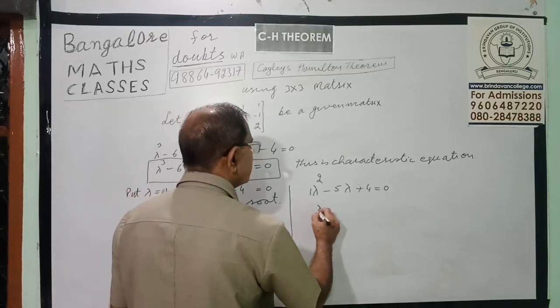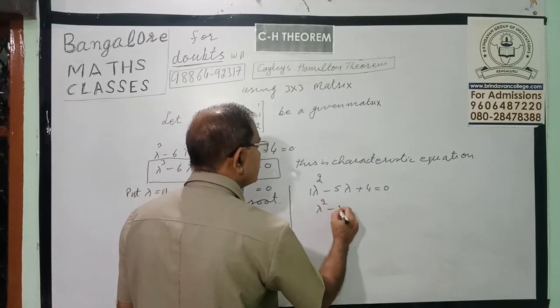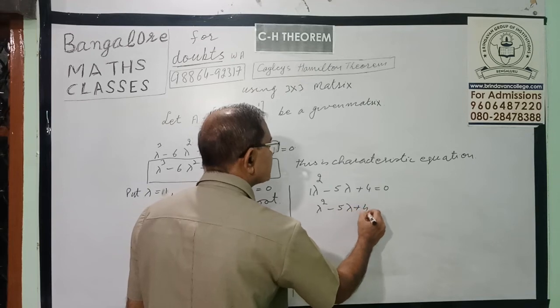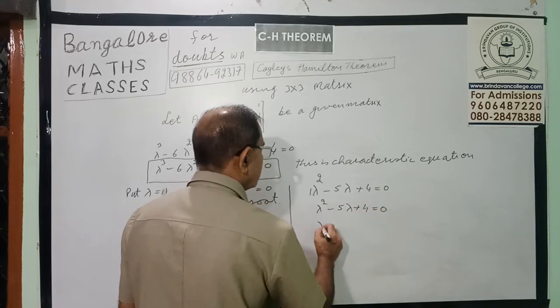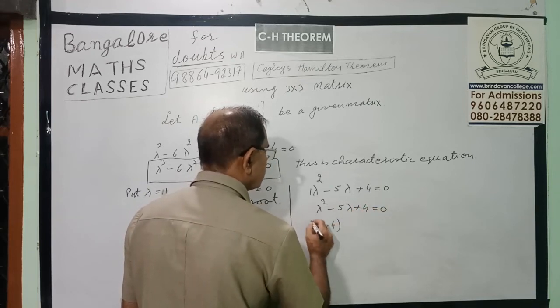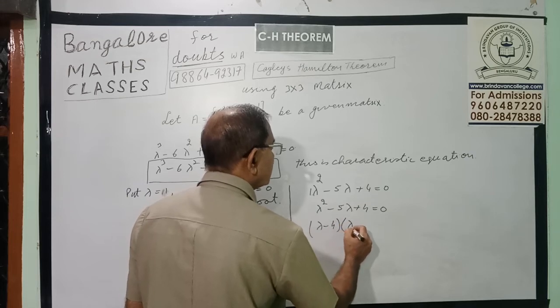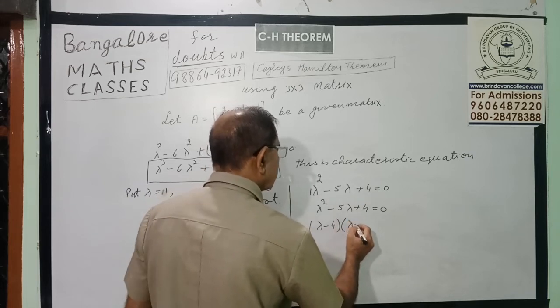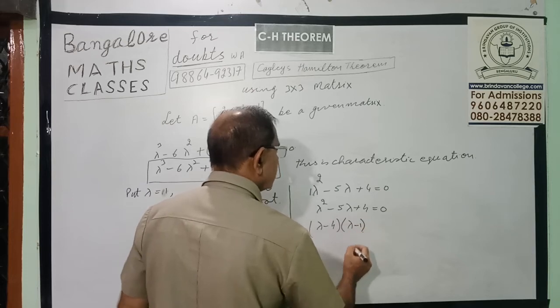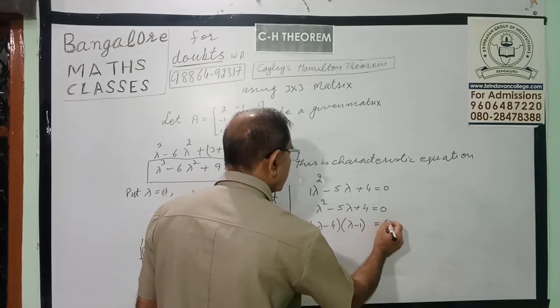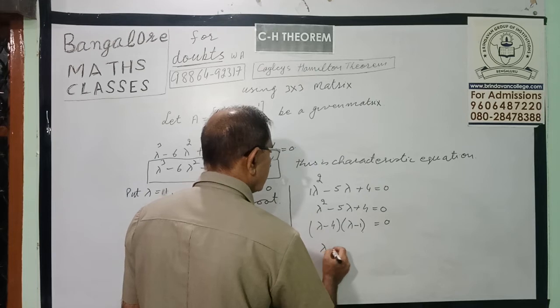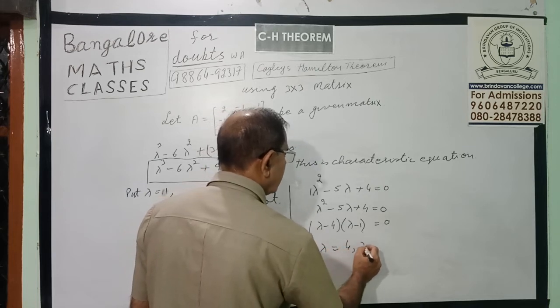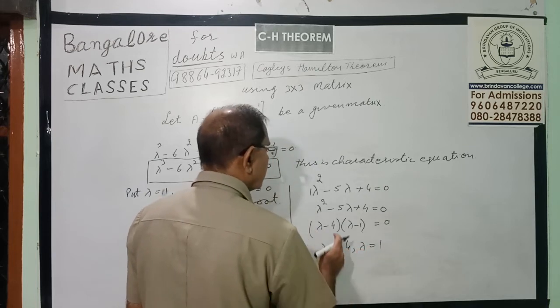Then factorize it: lambda minus 4 into lambda minus 1 equals 0. So lambda will come to be 4 and lambda will come to be 1.